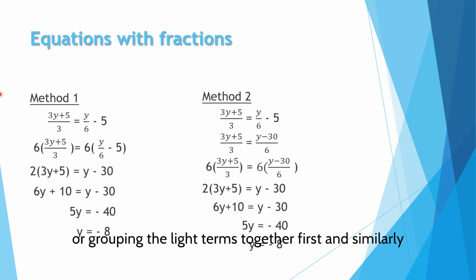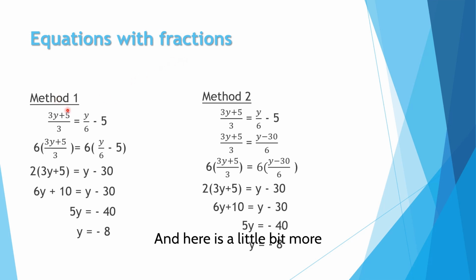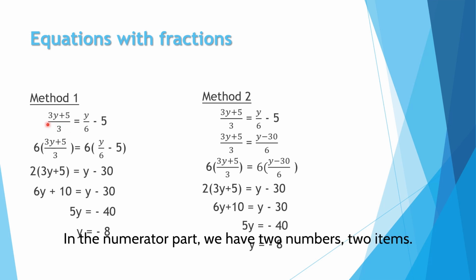And similarly, still about equations of fractions with fractions, here is a little bit more complicated, as we have fractions which include not just one item. The fraction in the numerator part, we have two items.